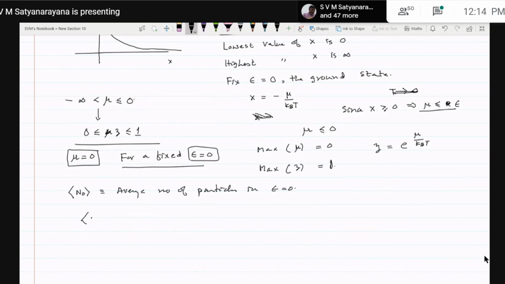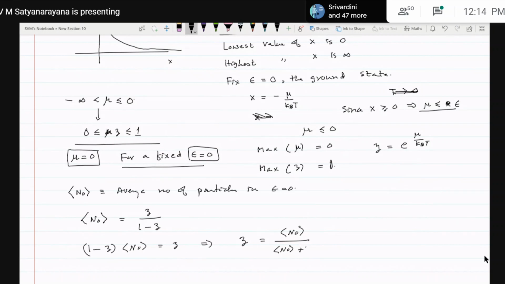So we know that, because we had written that by separating this term 1 minus z, I can write 1 minus z into average n0 is equal to z. Or you can write this z as average n0 divided by average n0 plus 1. Correct?